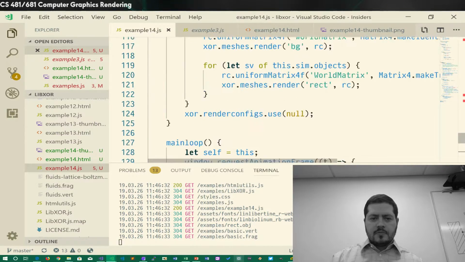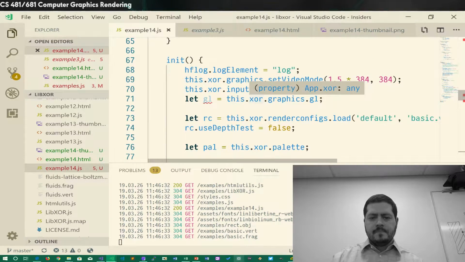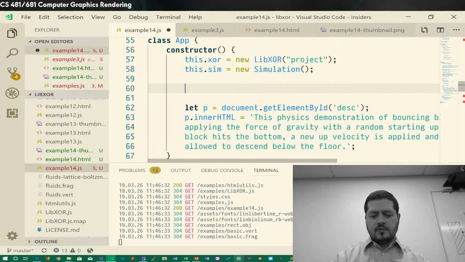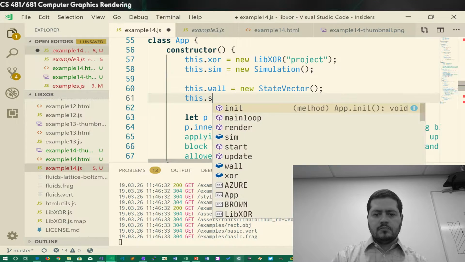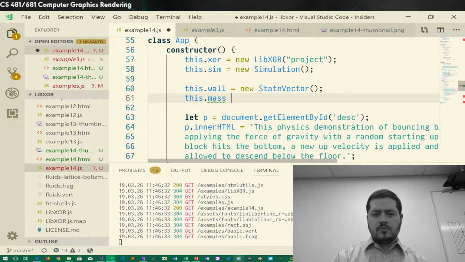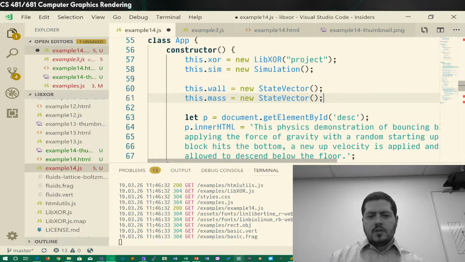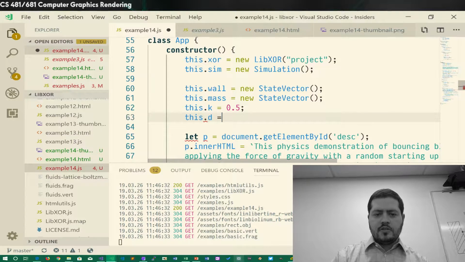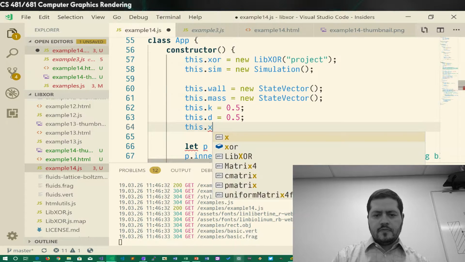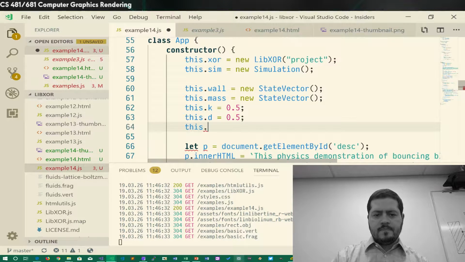So we're going to, inside of our constructor, and we can adjust our K. We can adjust our D value, and I think we can set where our mass is.